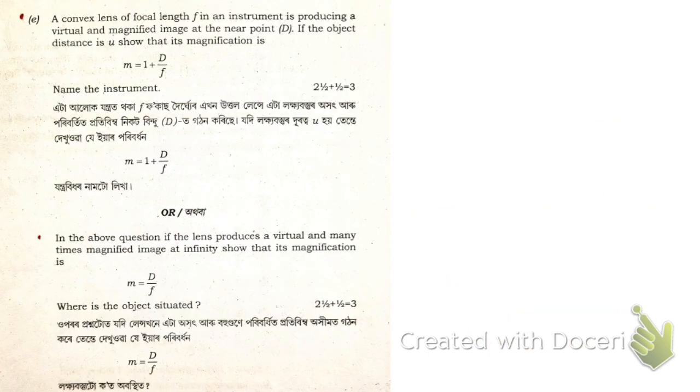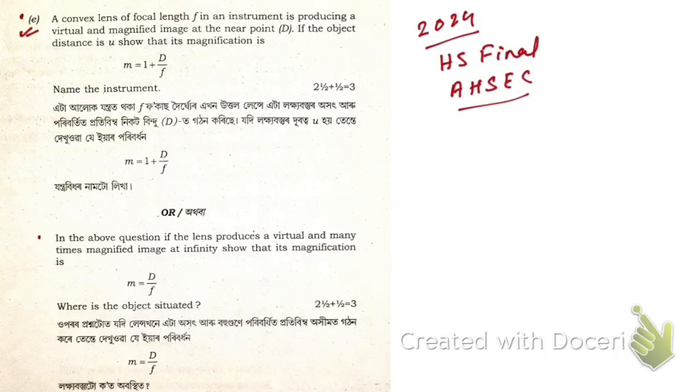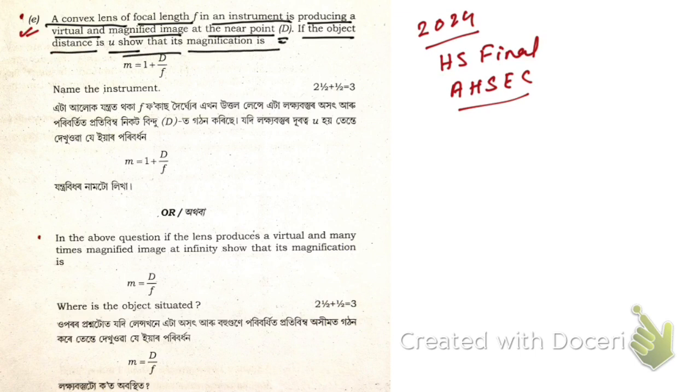This question was asked in the 2024 HS final examination. Now here the question is: a convex lens of focal length L in an instrument is producing a virtual magnified image at near point D, at object distance u, so that the magnification is given by this expression.